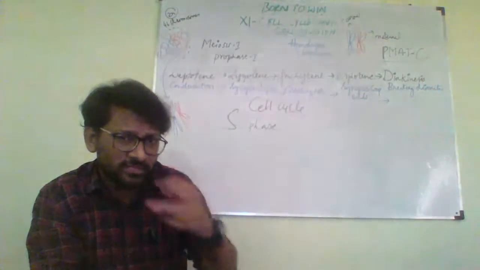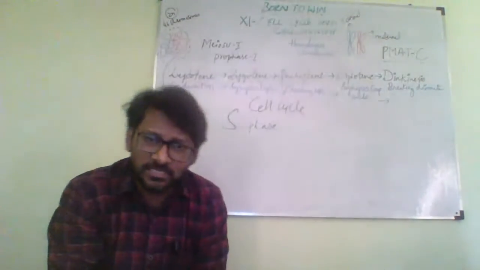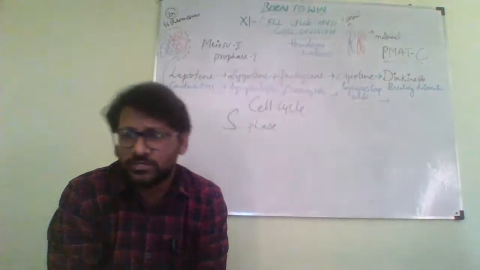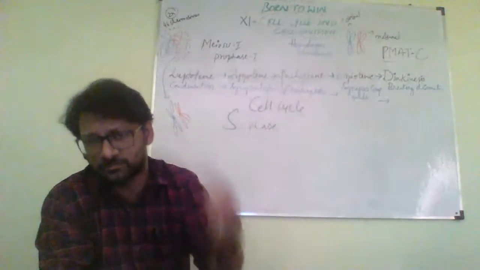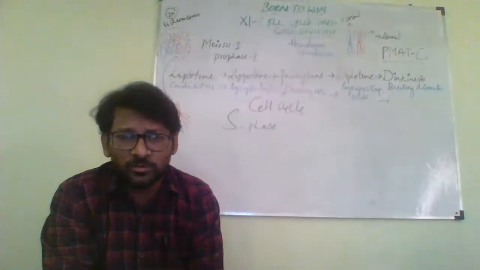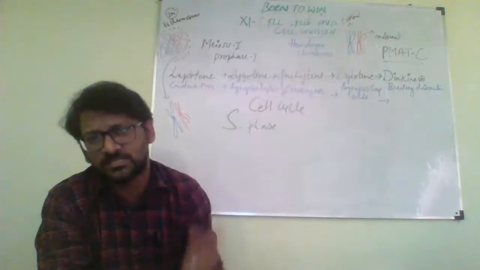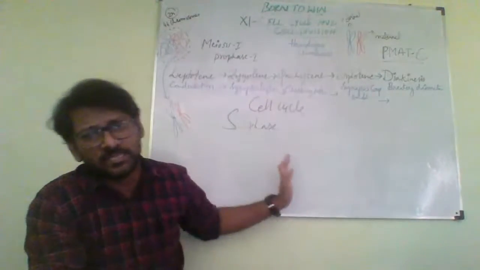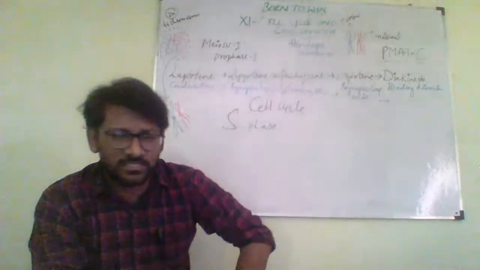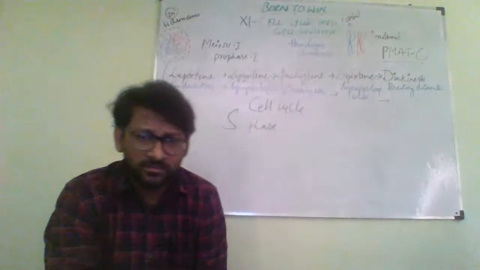So for that it needs to double its DNA or the genetic material, so it undergoes replication. Replication is one of the important aspects of the genetic material. And once it replicates, it enters into the next phase, that is G2 phase, right?